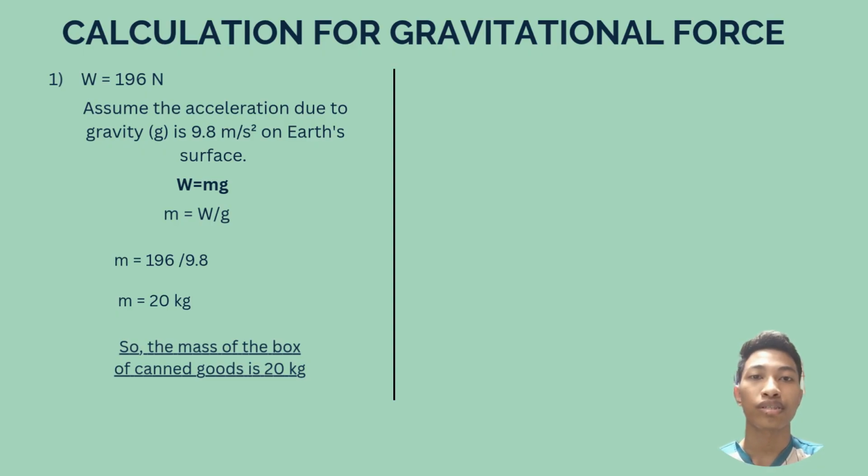We just put the information into the formula. So m equals 169 over 9.8, and we get m equals 20 kilograms. So the mass of the box of canned goods is 20 kilograms.